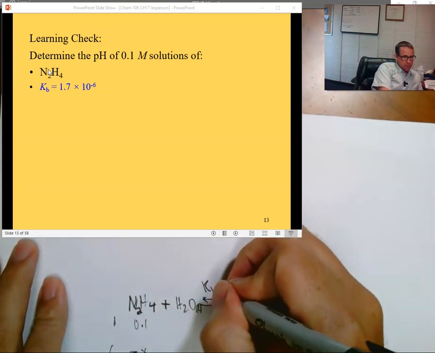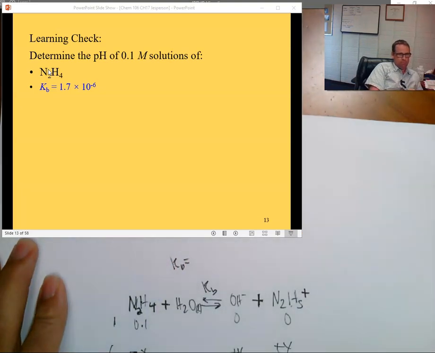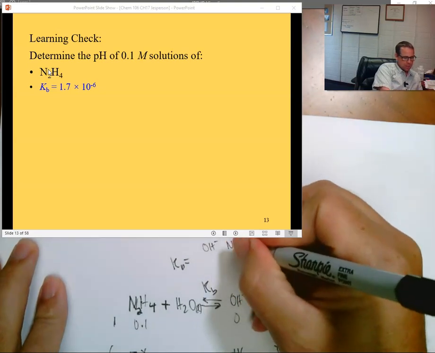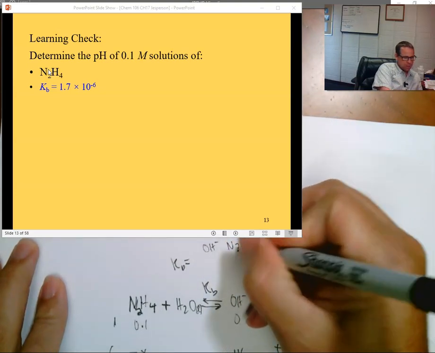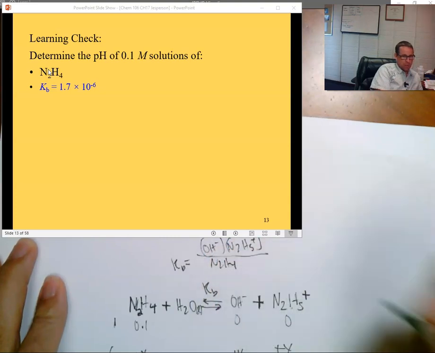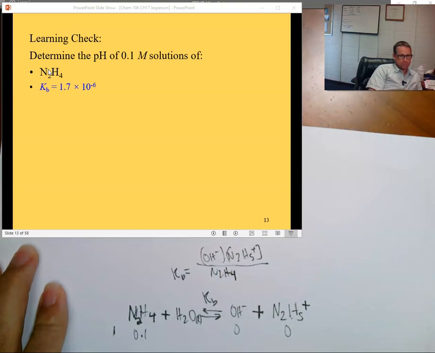The Kb for this is given, and that Kb equals the hydroxide ion concentration times the N2H5 ion concentration all over the N2H4 concentration, right?